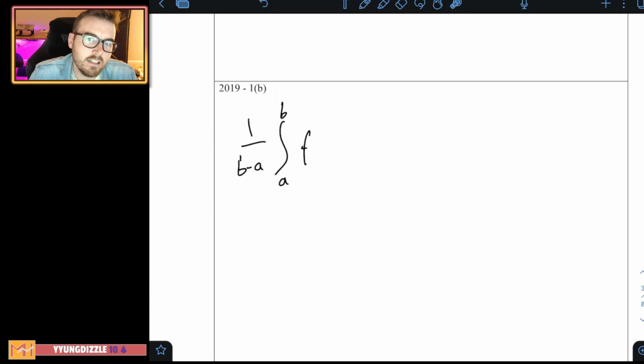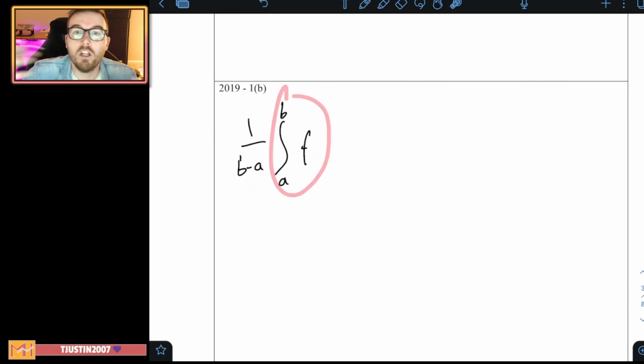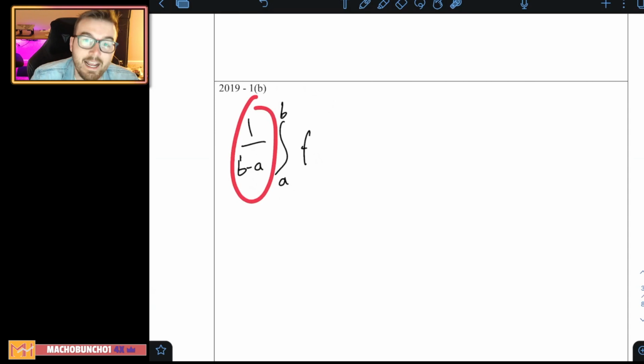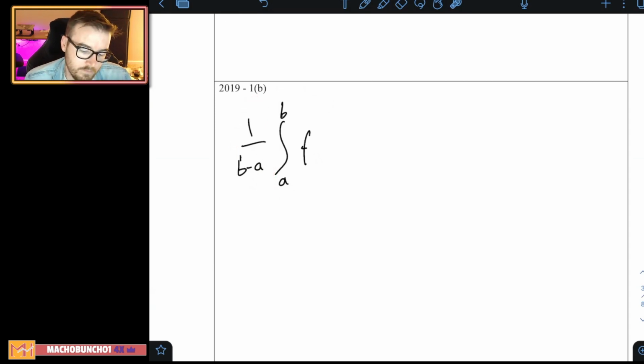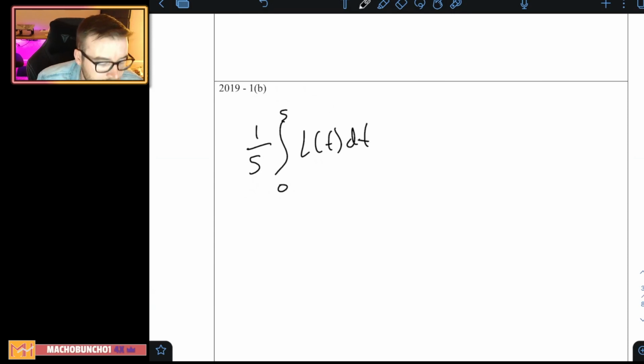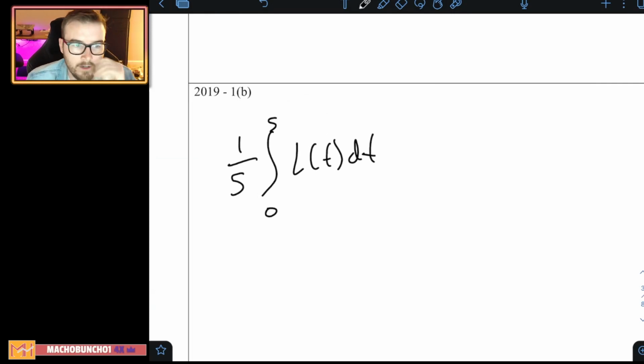Well, in the case of a real life situation with rates, total up how many fish entered or how many fish left the water and divide by how long it took. That's how we're finding the average value. So we are going to do 1 over 5 minus 0, integral from 0 to 5 of L of t, the number of fish that left.